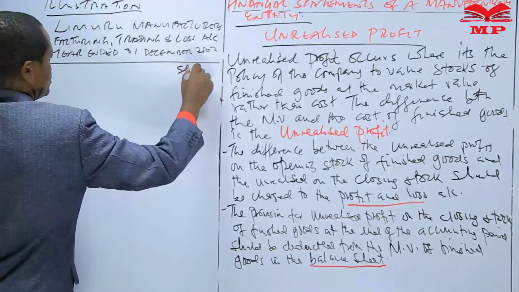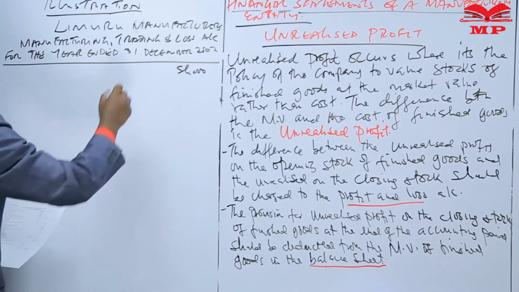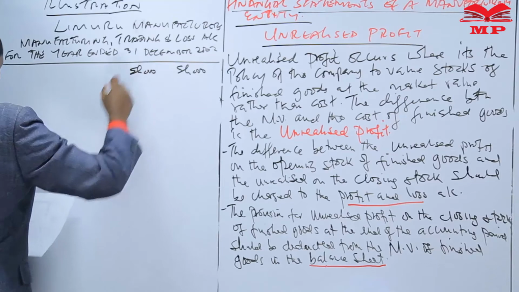So I'll have two columns. We can have them in thousands. Yes, in thousands.